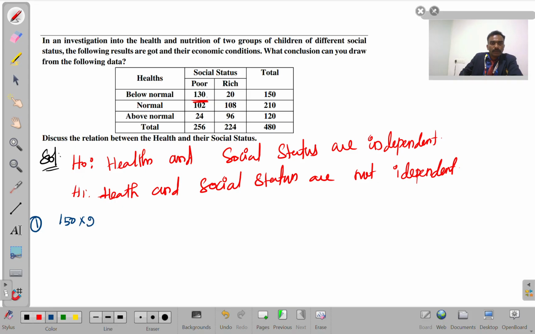into 256 divided by the grand total, 480. The value is 80. Similarly, for the second one, 20, the corresponding row total is 150, 150 into 224 divided by 480.